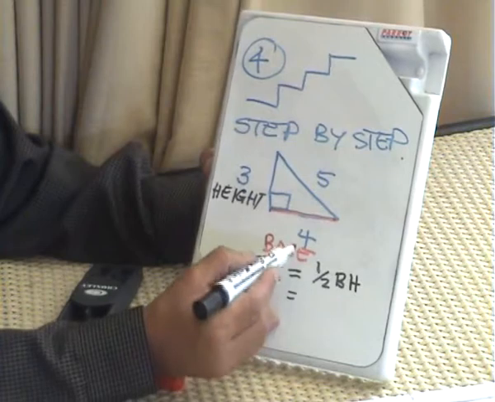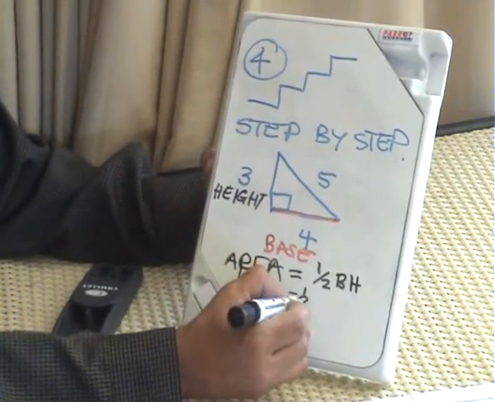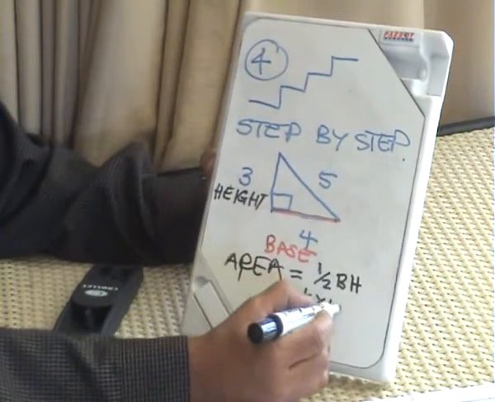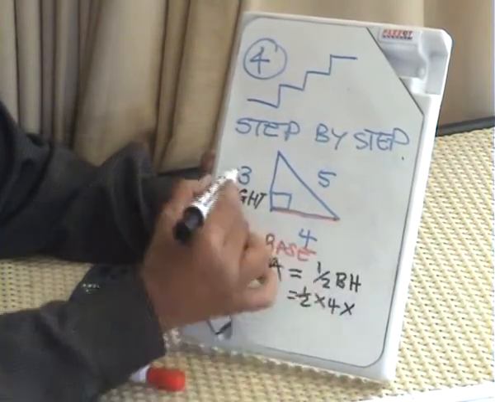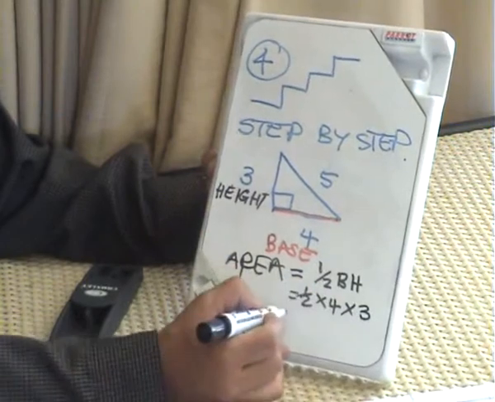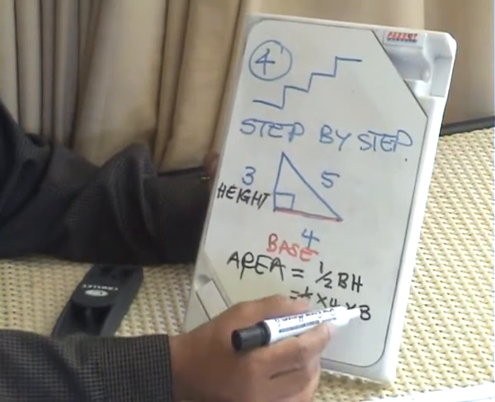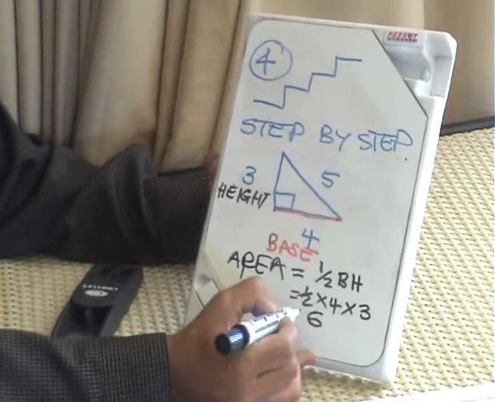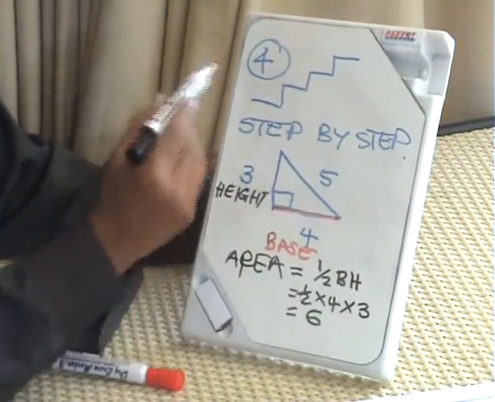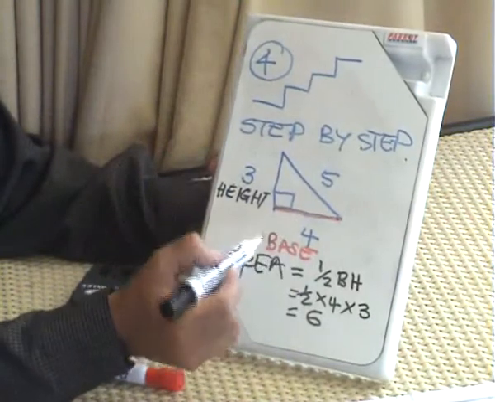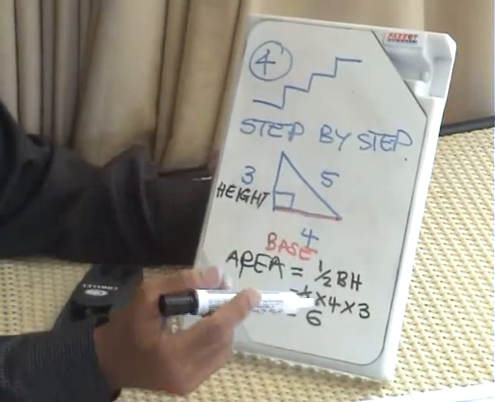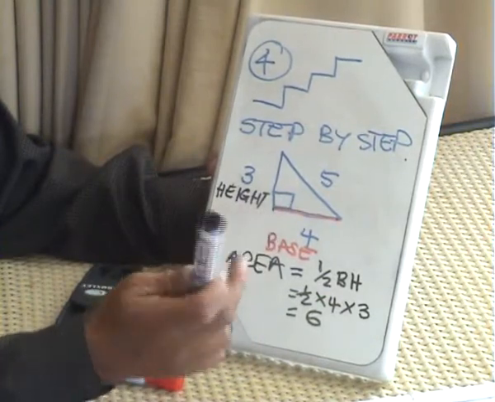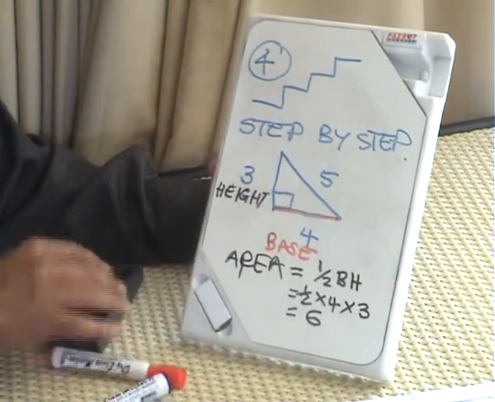Then step 5, I am now substituting half times base, which is 4, times height, which is 3. So 3 4s 12, 12 times half, 6. So I've done this example step by step. Never mind how complicated the example is. If you try it step by step, you are going to succeed.